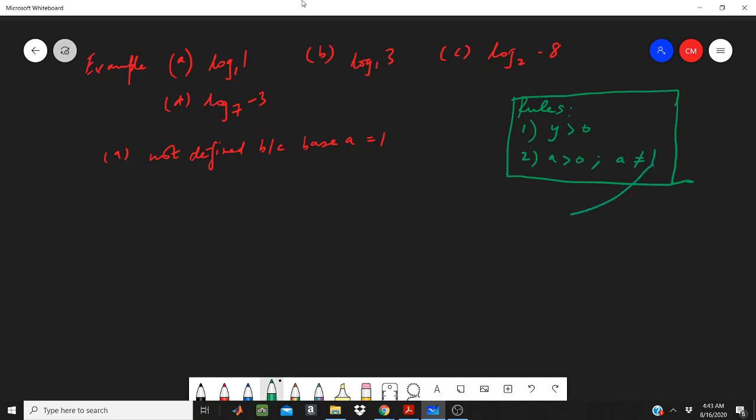So in our case, a was 1, and that was the problem. b, log_1 of 3, same reason, not defined because base equals 1.